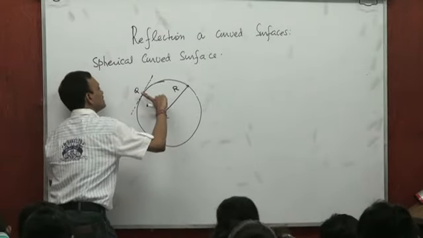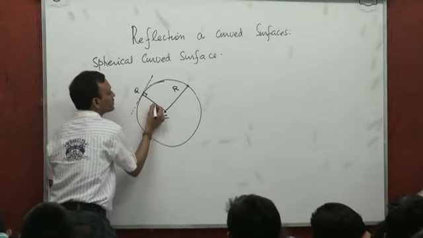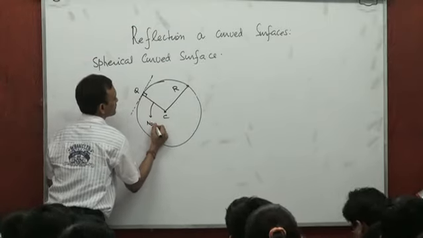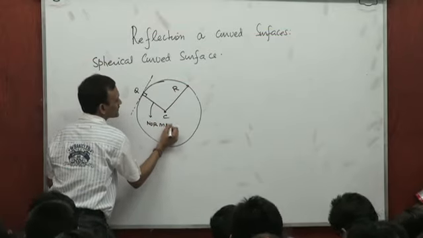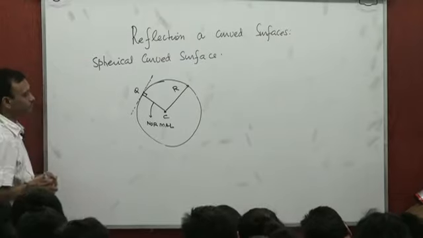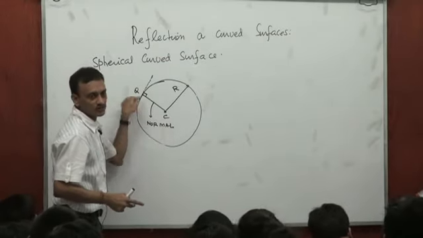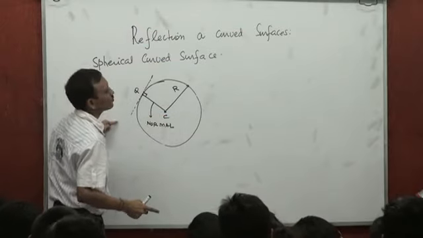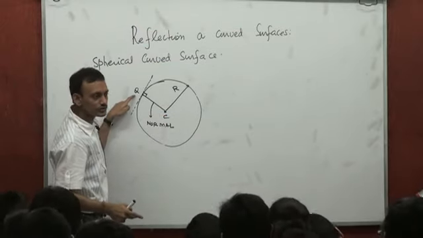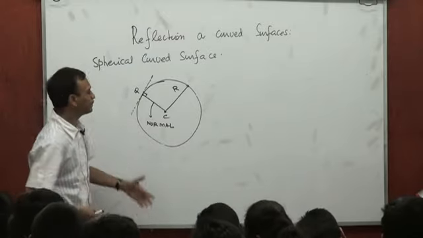So the radius at any point of this curved surface would be a normal to the curved surface. Why? Because it's perpendicular to the tangent to the curved surface, right? So if you draw any radius, any line passing through the center of the sphere, then that line would be a normal to the surface at the point where it intersects the surface. Clear?